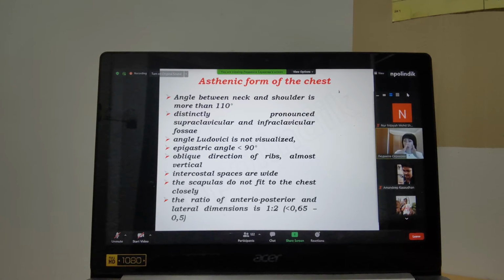The epigastric angle is usually acute, less than 90 degrees. If in normosthenic it is a moderately oblique direction of the ribs in the lateral part of the chest, here it is an almost vertical direction. Intercostal spaces are usually wide in comparison with ribs, and the scapulae don't fit closely to the chest, and the anterior-posterior to lateral ratio is 1:2. The chest looks narrowed.